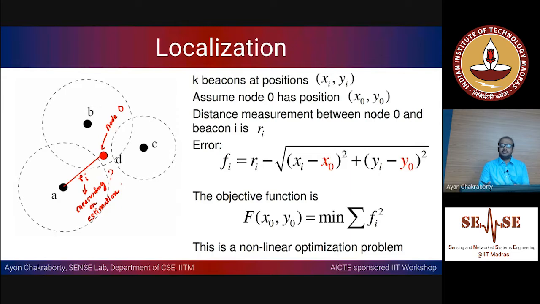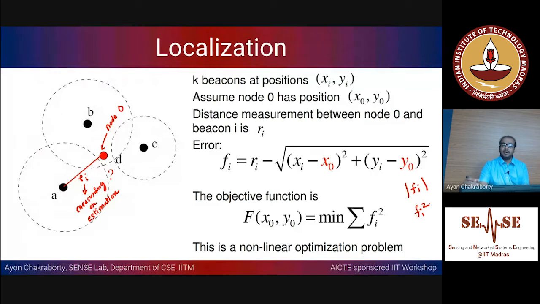So what I would like to do is, if we get a lot of measurements like this, we try to see for what value of x0 and y0 fi could be minimized, or the summation of fi could be minimized, or fi square could be minimized, because you could have some cases where fi is negative and positive. So we want to either take the modulus of fi and make it minimum, or use a square value.